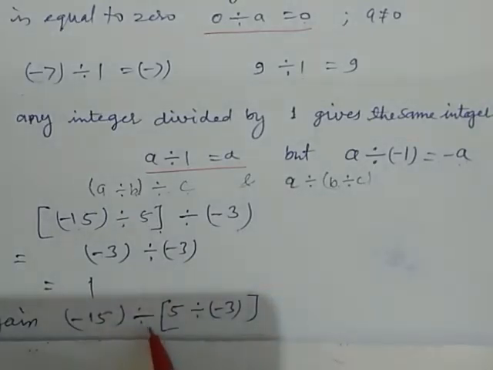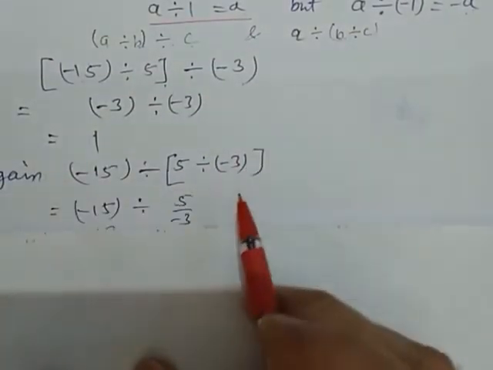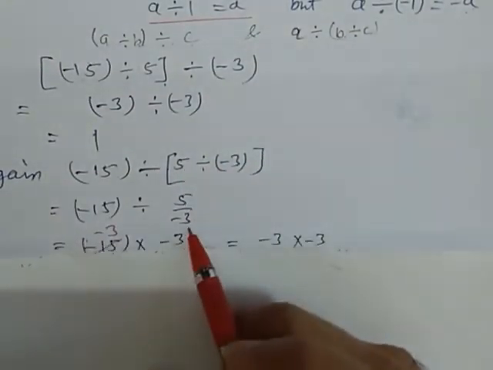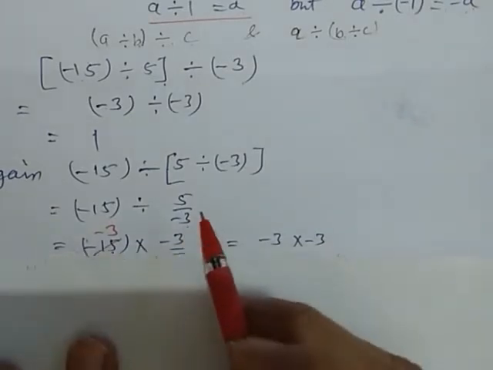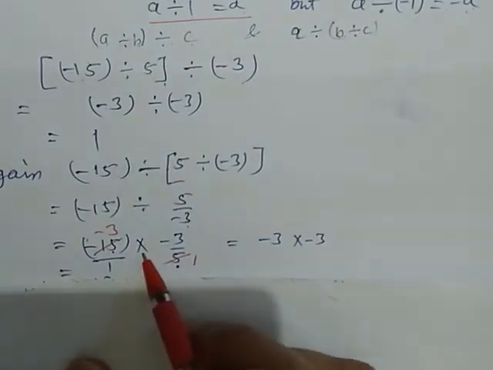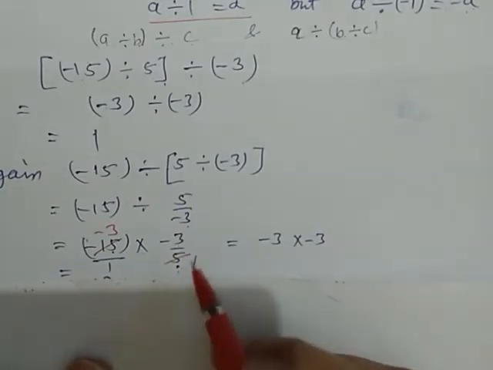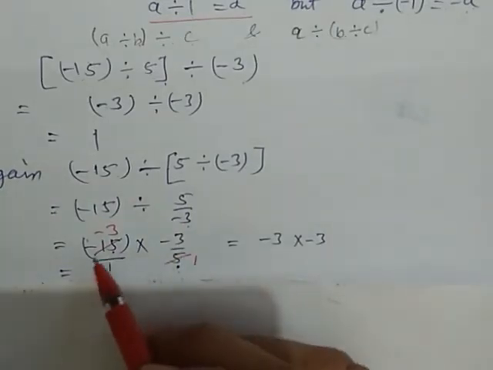Again we take this. Minus 15, first we associate 5 and minus 3. So 5 divided by minus 3, we get 5 by minus 3. Now convert this division sign into the multiplication sign and invert the number. So this becomes minus 3 by 5 and minus 15.